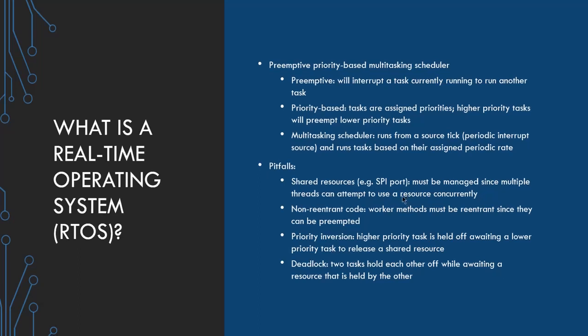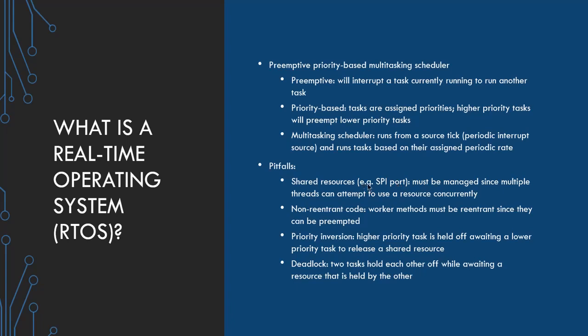So real-time operating systems are somewhat complex, and you really need to know how they work in order to avoid certain pitfalls that they have. Not just in general, but the specific RTOS product that you're running may have its own particular pitfalls that you need to be aware of. Some examples are shared resources.